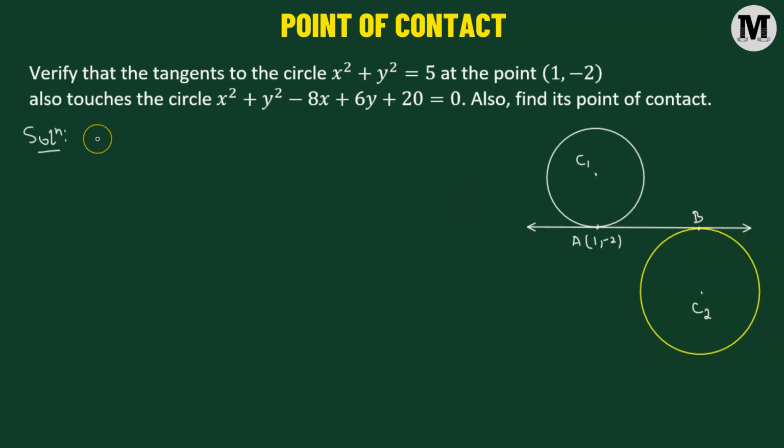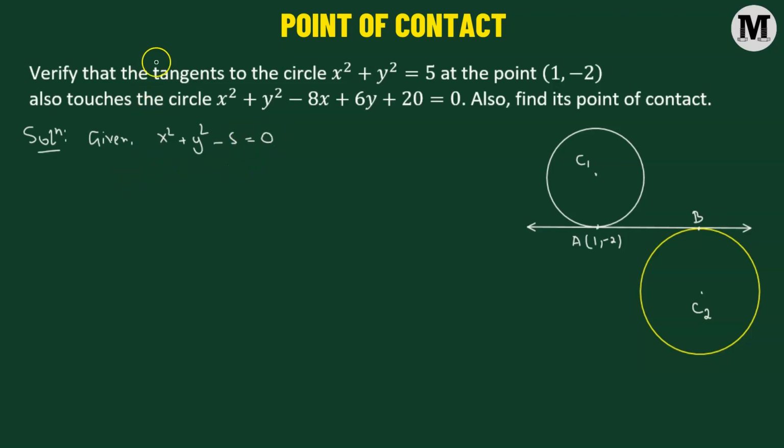So we'll start with the equation of the circle C1 and the tangent. We'll try to find out the equation of the tangent using the equation of the circle C1. So here we have this circle x squared plus y squared. Let's transpose the 5 from the right hand side to the left hand side and write it as minus 5 equals 0.